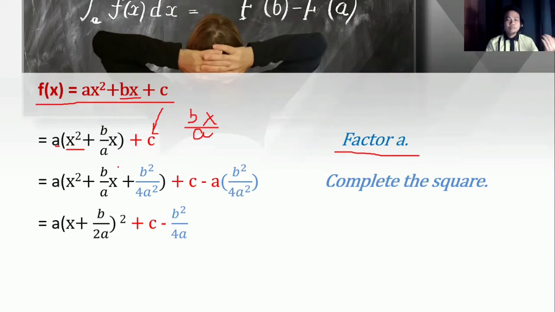Then, from the second term, bx over a, we have to complete the square. So by completing the square, from the variables of x, b over a, we constantly divide b over a by positive 2.